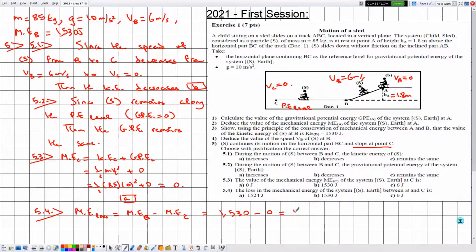And this is equal to 1530 joules. In this case the correct answer would be B. And let's recall in which form is this energy loss: in the form of thermal energy or heat.